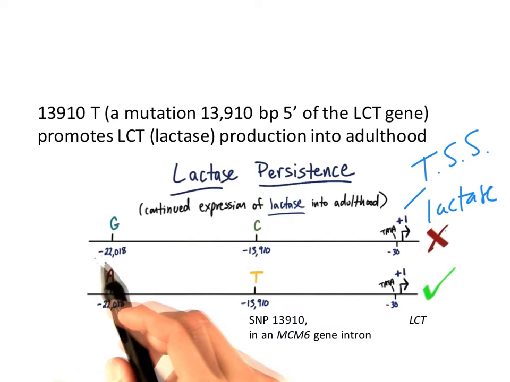That's it. If you look at a bunch of people, there are random mutations that distinguish all of us from each other in this region of the genome. But when people were lactose tolerant, down here on the bottom, for example, there was always a T at position minus 13,910.